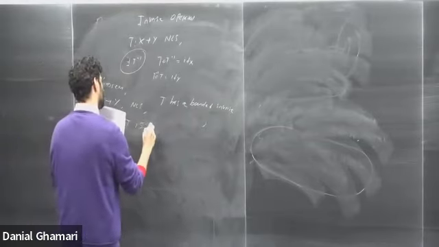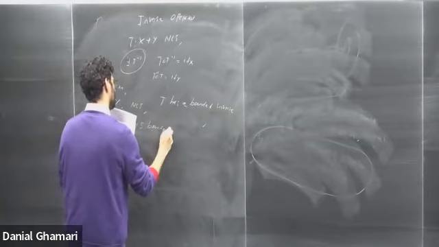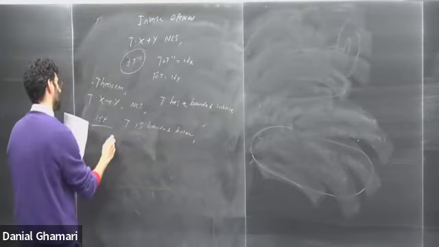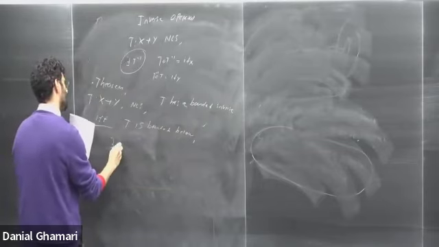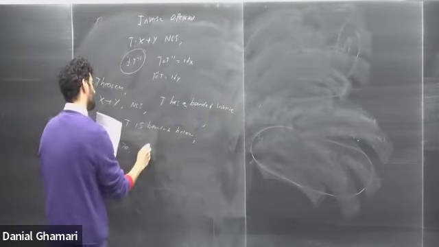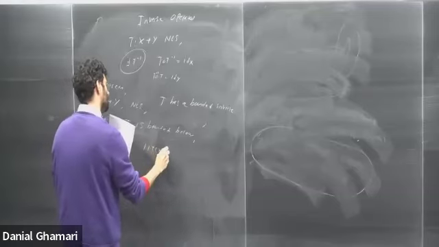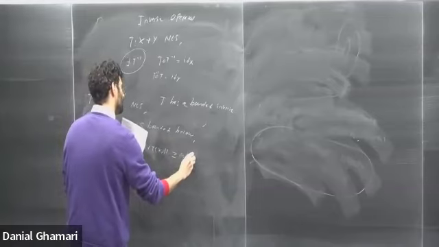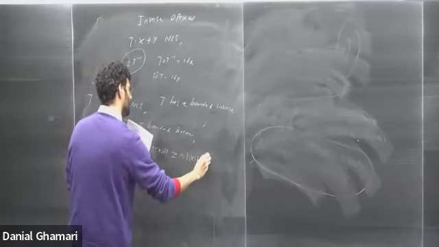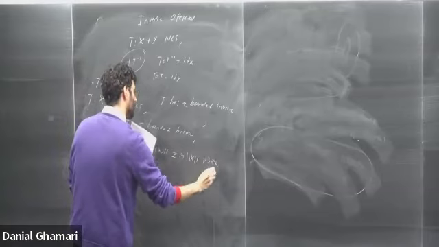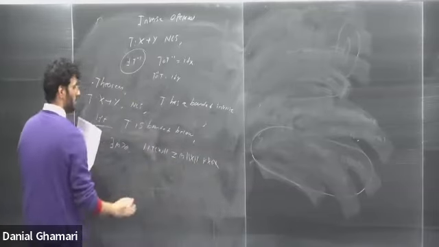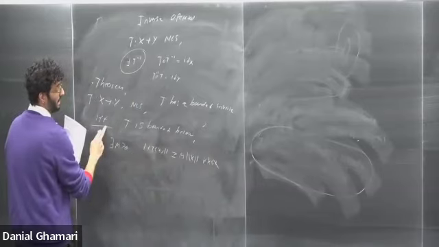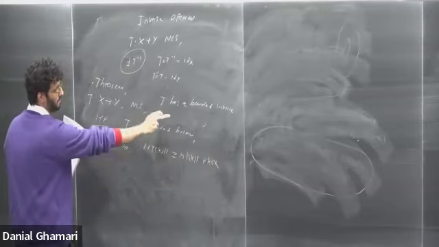T is bounded below. By bounded below, I mean there exists some small m greater than 0 such that the norm of T of x is greater than or equal to m times the norm of x for all x an element of X. If I am bounded below, then that immediately gives me that T has a bounded inverse.